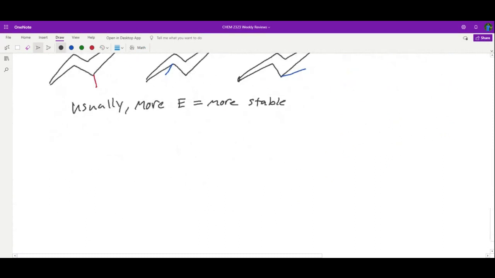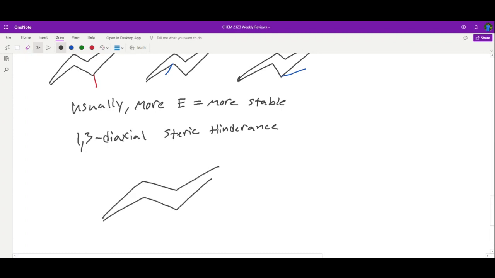And one other thing, there's something called 1,3 diaxial steric hindrance. And this will kind of explain why you don't want groups in the same direction. So let's say I have a bulky group, and let's say instead of putting it equatorial, I decided to put it in axial position.